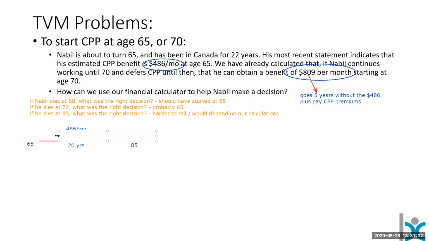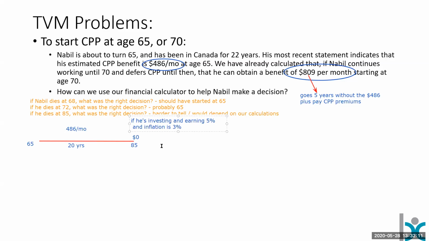Okay. So this is actually a fairly difficult thing to determine. This is where I want to use a discount rate that's appropriate for Nabil. Okay. And the question here really is, what's the value of $1 to Nabil today compared to a value tomorrow? Okay. So if he's investing, that's easy. Let's say, just for the sake of argument, if he's investing and earning, let's say 5%, and inflation is 3%.